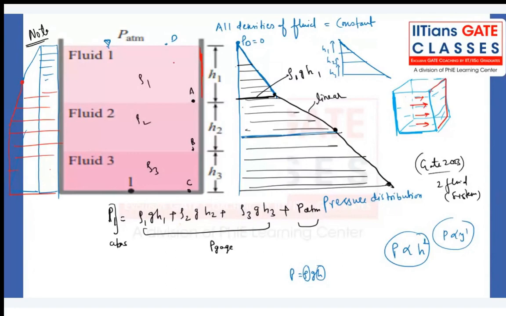Because P atm is not only acting from inside, it is acting from outside also. There is atmospheric pressure on the liquid inside, and outside the tank also there is atmospheric pressure. They will cancel out. So we will not bother about P atm in hydrostatic force calculations.